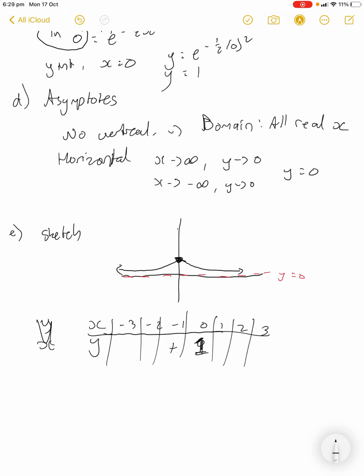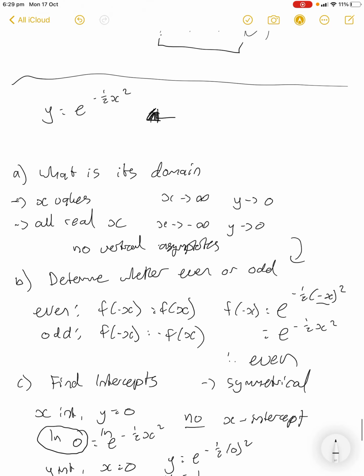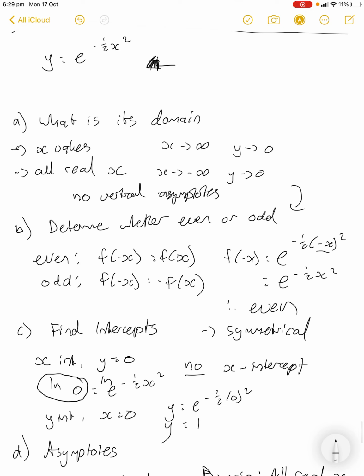They're all going to be positive. They're all going to be smaller. And they're all going to approach that asymptote, y is equal to 0. So that is investigating the exponential curve, e to the negative half x squared.